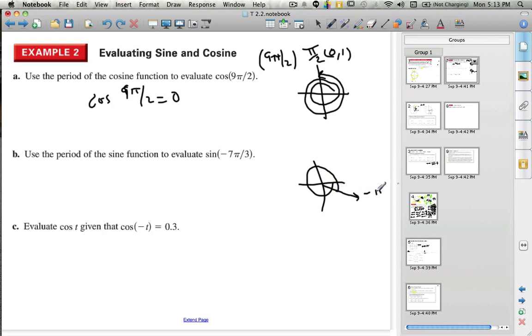And this is negative pi over 3. Pi over 3 has an x-coordinate of radical 3 over 2 and a y-coordinate of negative 1/2. That's this point on the unit circle. So if I want to find sine, it would be negative 1/2.